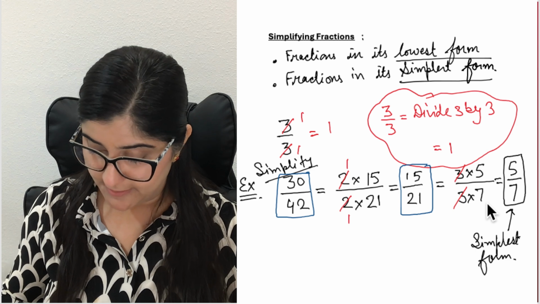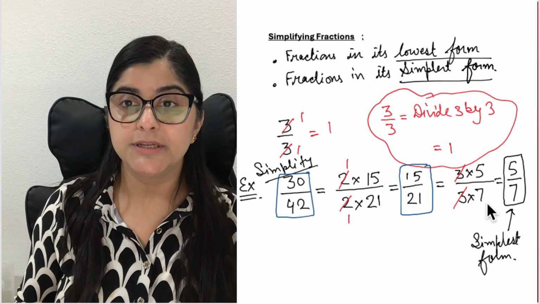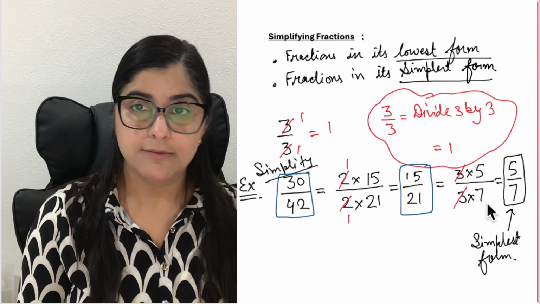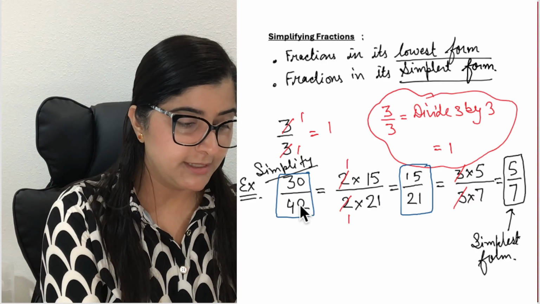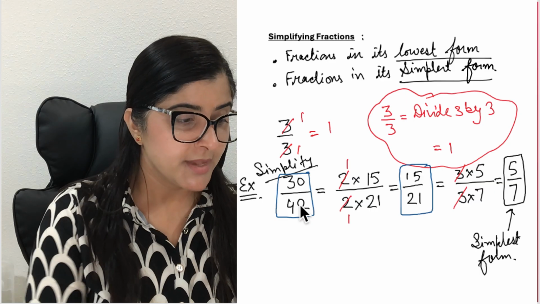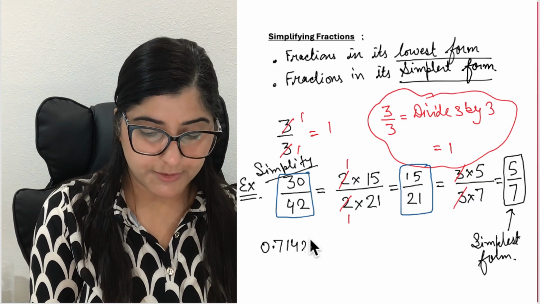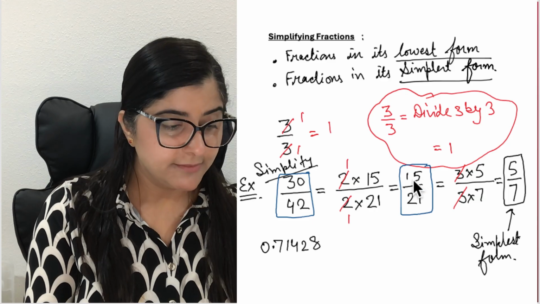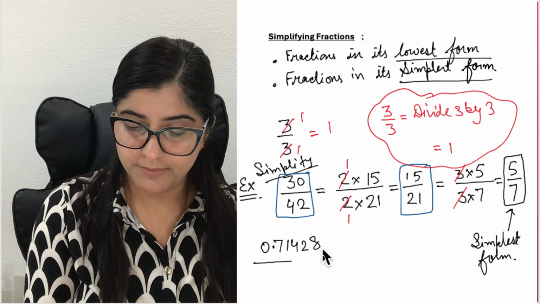Now if you see the decimal value of the fractions, please open your calculator. Everyone calculate the decimal value of 30 divided by 42 and you will get 0.71428. And if you divide 15 by 21, you get the same value back.